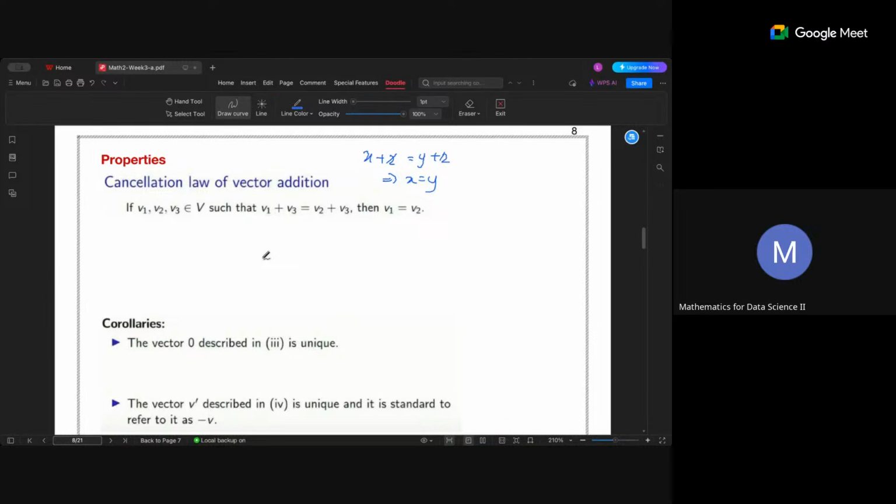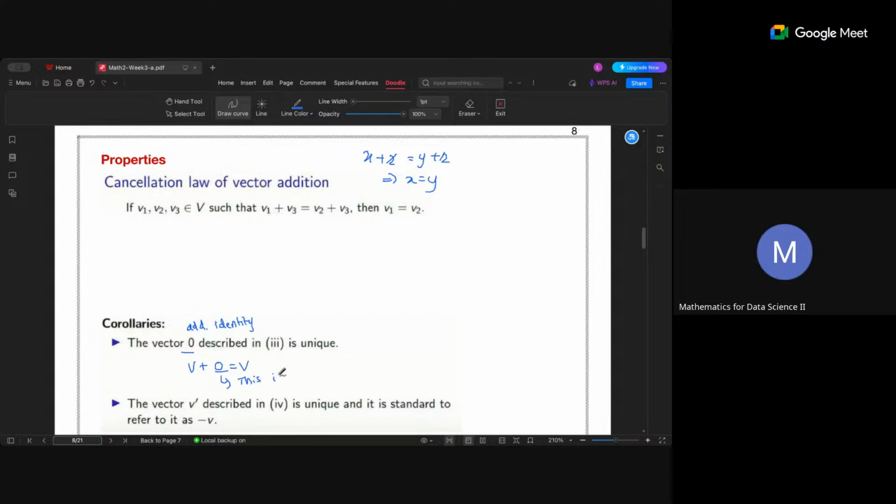Okay, so the vector 0 described in 3 is unique. What does it mean by it is unique? The additive identity here is unique. What does it mean by unique? So there cannot be anything different from this. Only this is the vector which satisfies this condition.